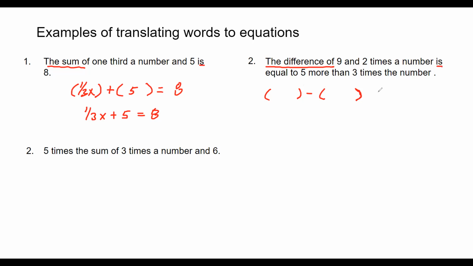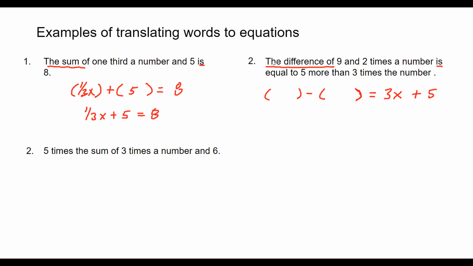Is, here's our equal sign, is equal to 5 more than 3 times the number. So I'm going to add 5 to 3 times the number, 3x. That makes sense to me. 5 more than 3 times the number. Keep working that through in your head to make sure that it makes sense to you.